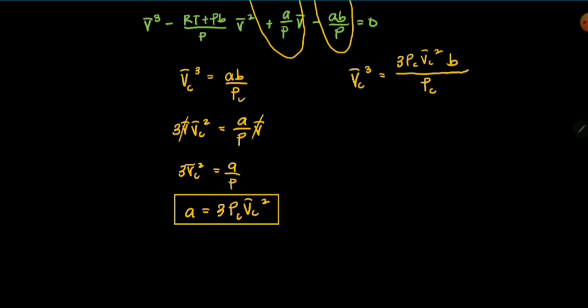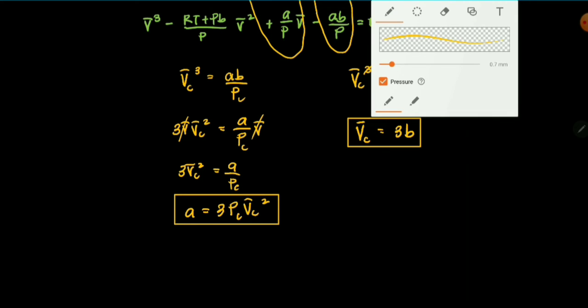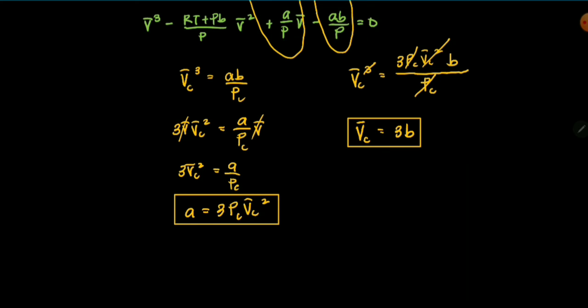Of course, it is PC already. So, the PC cancels, and the VC squared cancels. Okay? So, VC is equal to 3B. So, we have obtained the expressions for A and B in terms of the critical parameters. They are easy to get. Okay?